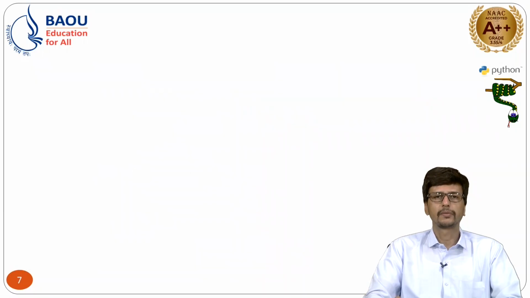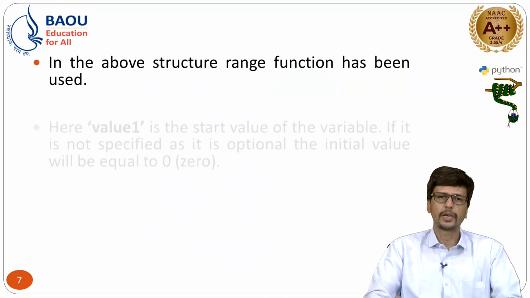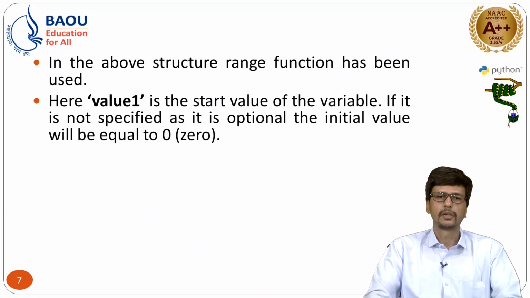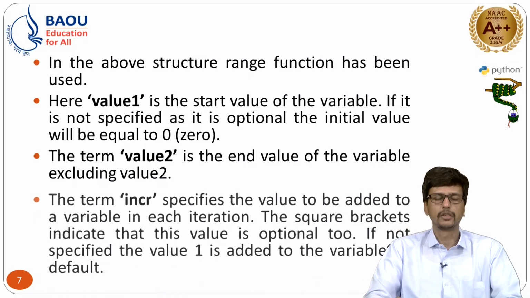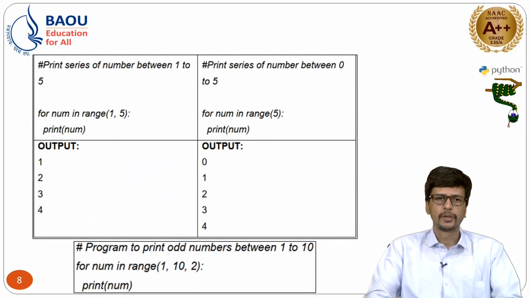Now we will see one example, so you can get more idea of how the for loop executes. Here the description is given, as we have already discussed in the range function, 3 parameters: value 1, value 2 and INCR. Now you can observe on the screen, this is the program to print the values from 1 to 5.